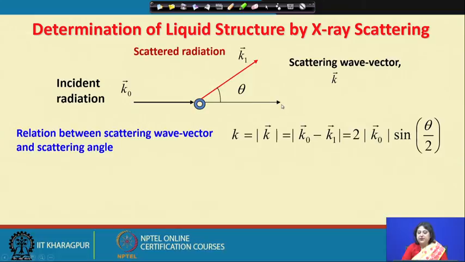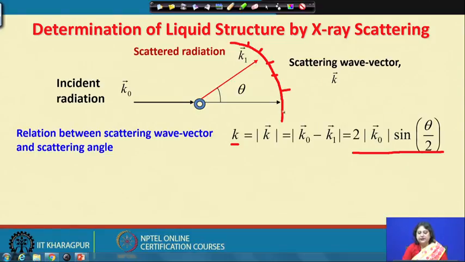And this is given in terms of the scattering wave vector, which is related to this angle theta. This relationship is given by k is dependent on k naught: modulus of k naught into sine of theta by 2.